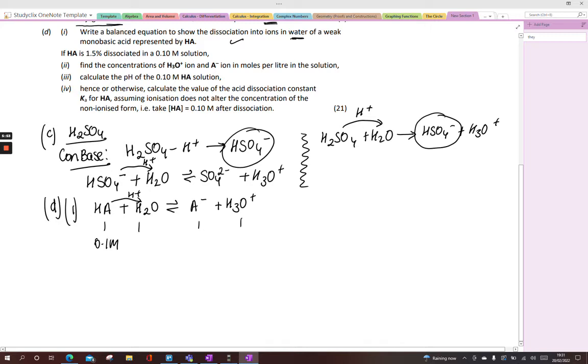Now it's going to dissociate and it's 1.5% dissociated. So all I've got to do there is go 0.1 by 1.5%, throw that into the calculator, whatever answer it spits out, that's my concentration of my H3O+ ion and my A- ion as well.